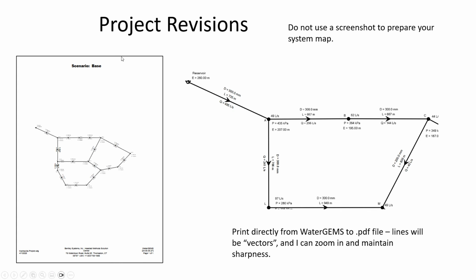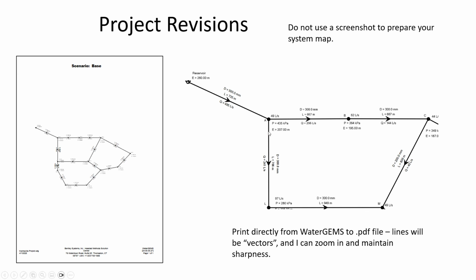The other issue is that some people were taking a screenshot of their system map. Instead, you should print to PDF directly from within WaterGEMS, for a reason similar to the other issue: it's just more clear that way. If you print to a PDF file from within WaterGEMS, it creates what's called a vector drawing, where you can continue to zoom in infinitely and the text is as sharp at whatever viewing level.